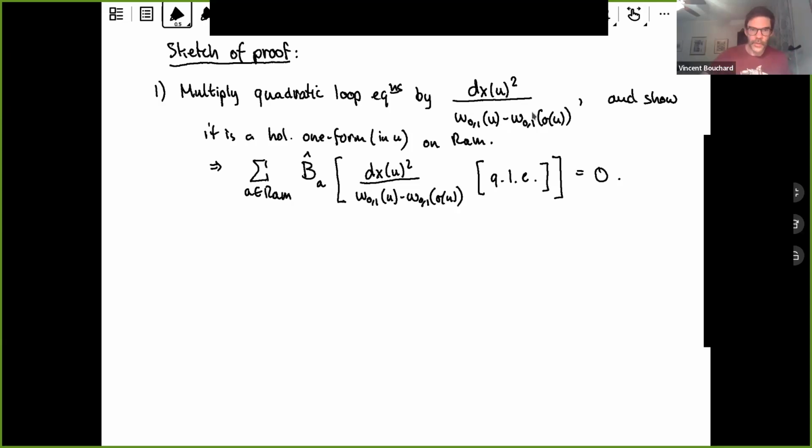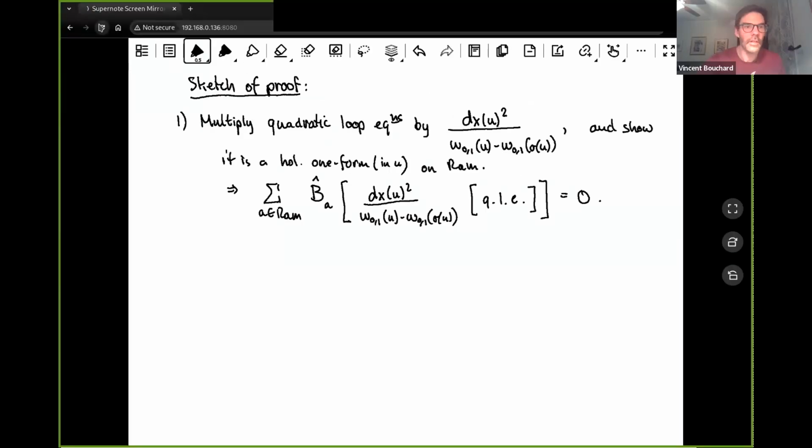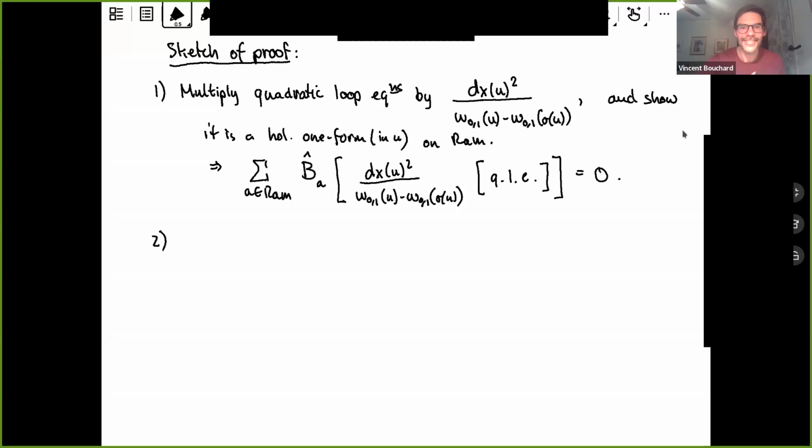Then the second step, okay, this is really, I don't know what's going on. So let me just give me a second. I'll try to restart this. I think the connection is not very good. Which is unfortunate. Okay, let's try. All right, so what you do next is that you rearrange terms.